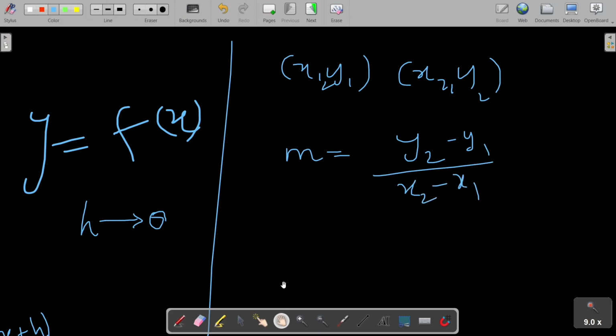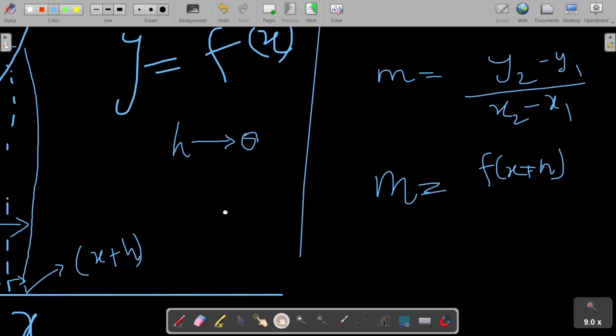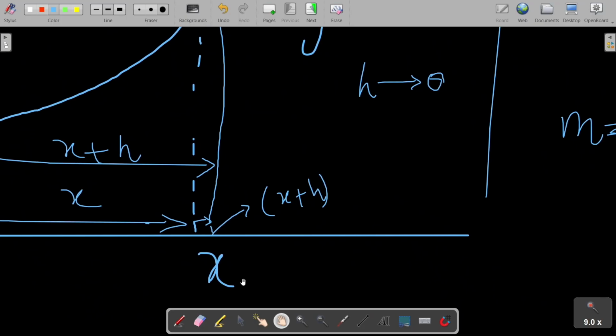So we are going to use that particular formula here. In this example, y2 is f of x plus h and y1 is f of x. x1 is x and x2 is x plus h.